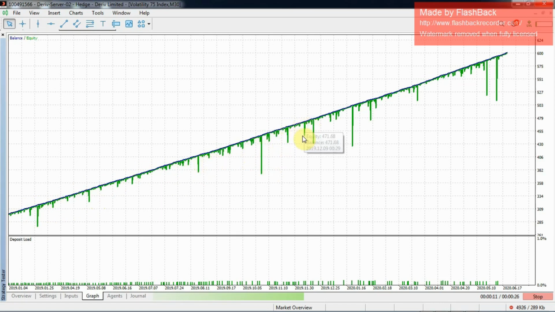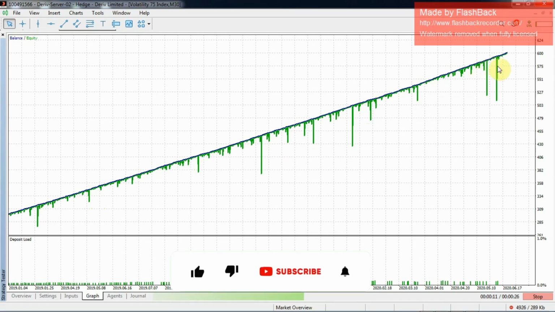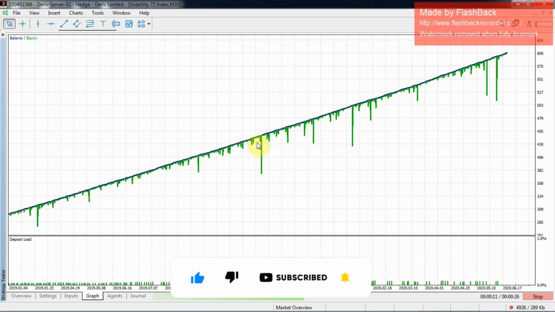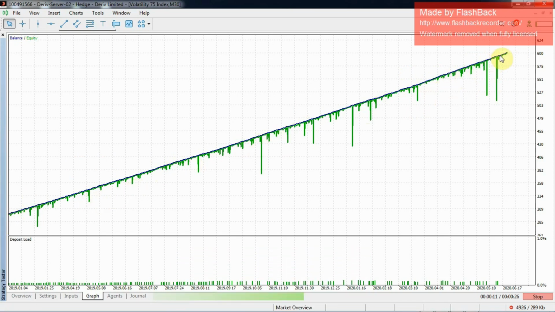Even though their strategy is good over an extended period of time with a huge stop loss, they're using tight stop losses and all those drawdowns are hitting their stop losses. So their strategies can be as good as this over an extended period of time, but all those spikes to the downside are hitting their stop losses.